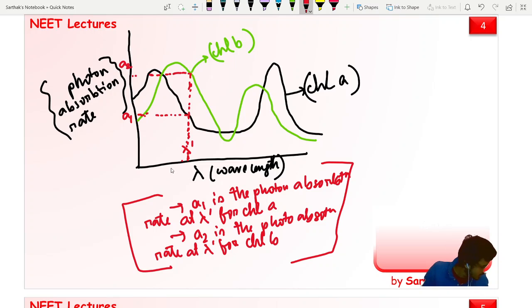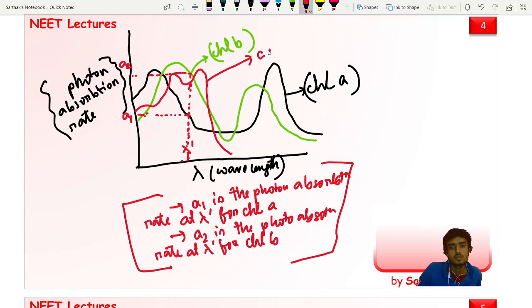The carotenoid curve looks something like this. This red line is the curve of carotenoid, which is given in NCERT. It is also an absorption spectrum.